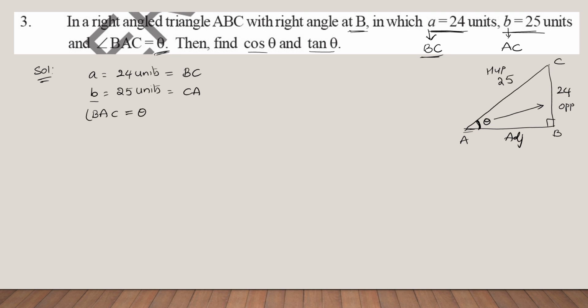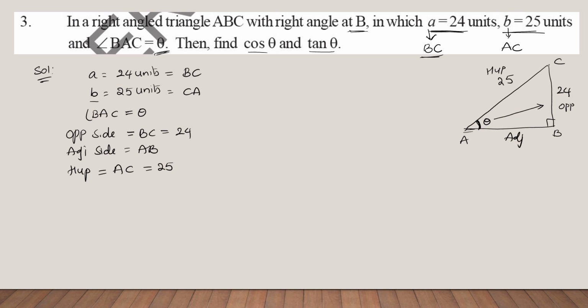With respect to angle theta, the opposite side is BC, the adjacent side is AB, and the hypotenuse is AC. You need to be able to identify the sides. Already AC length is given as 25, and BC is 24. We don't know AB.